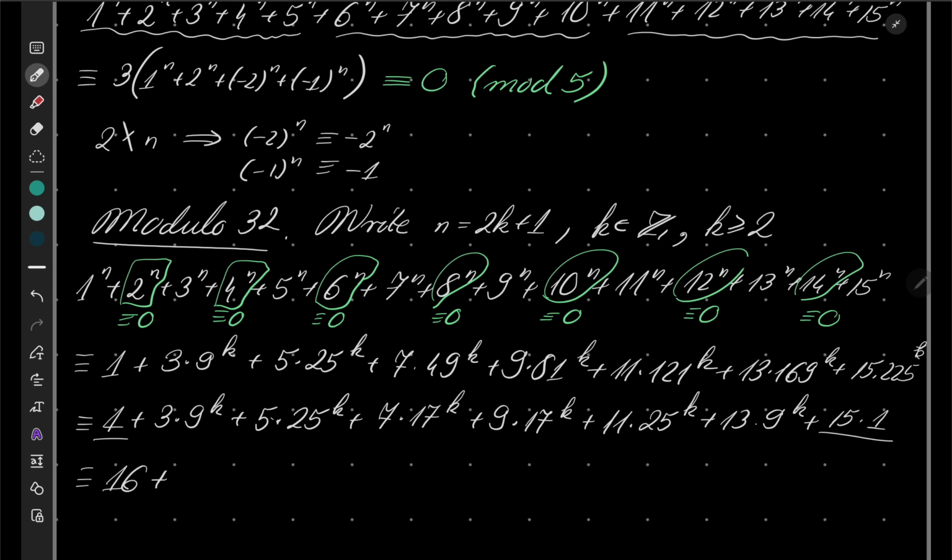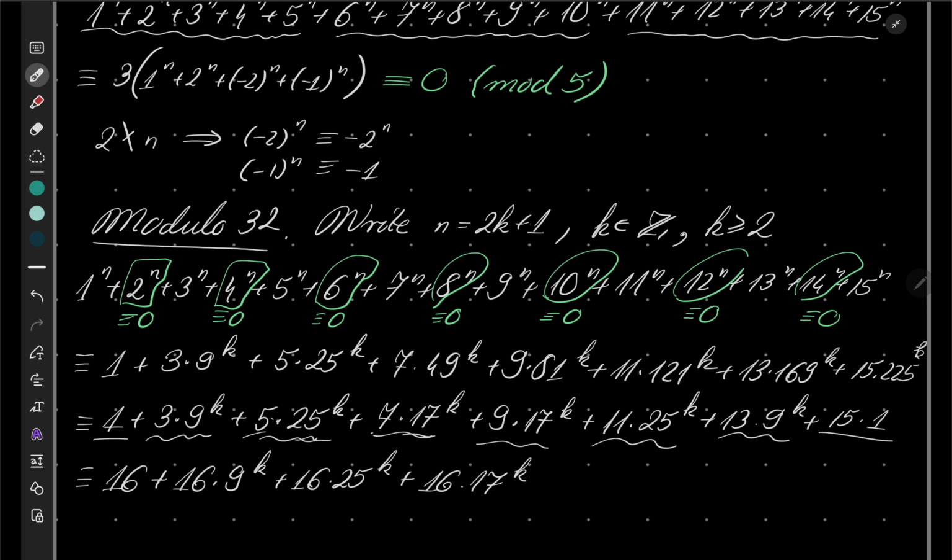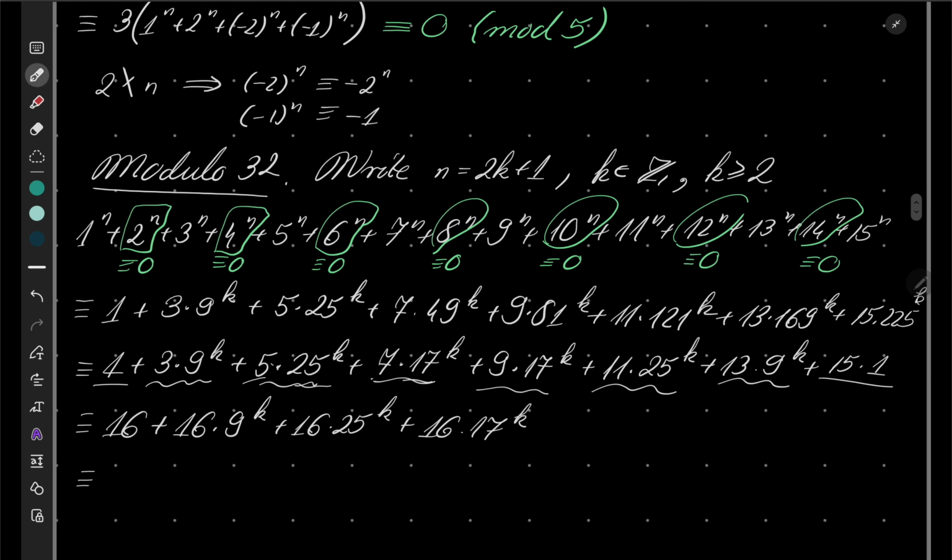Here we have 16 times 9 to the power of k. Here we have 16 times 25 to the power of k. And here we have 16 times 17 to the power of k. We can put 16 in front of the parentheses, and we have 1 plus 9 to the power of k plus 17 to the power of k plus 25 to the power of k.